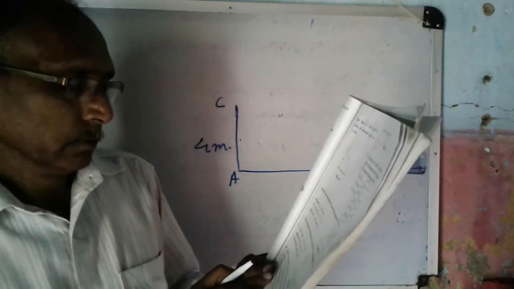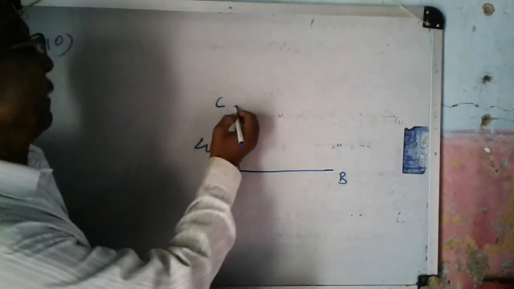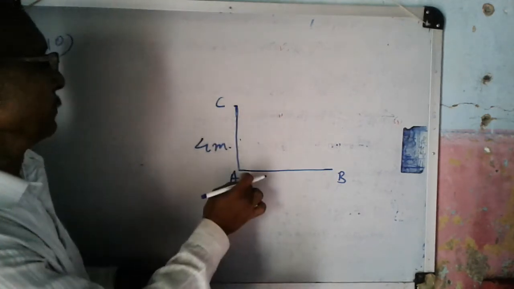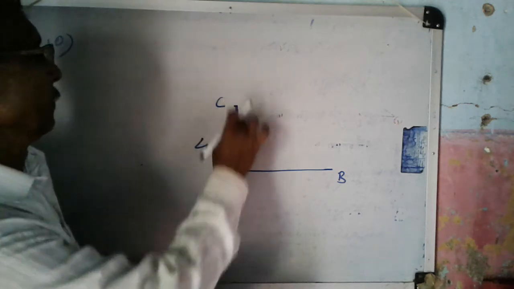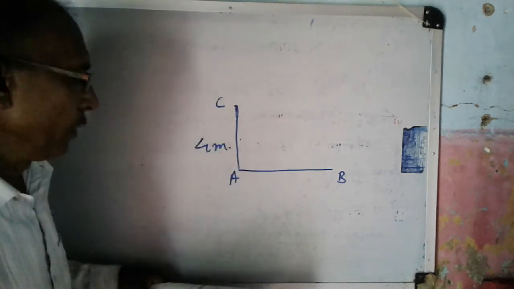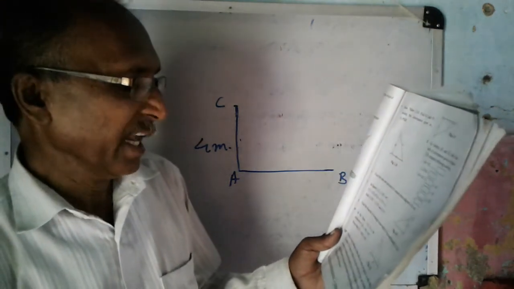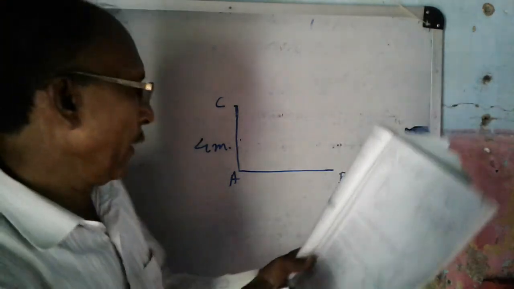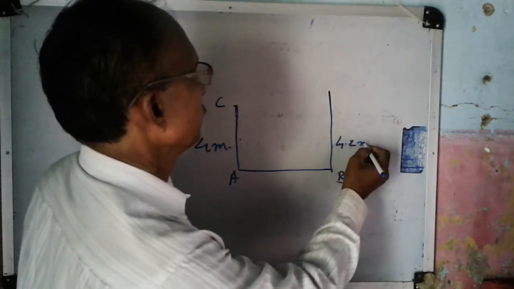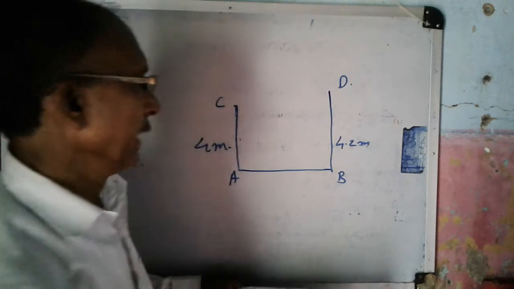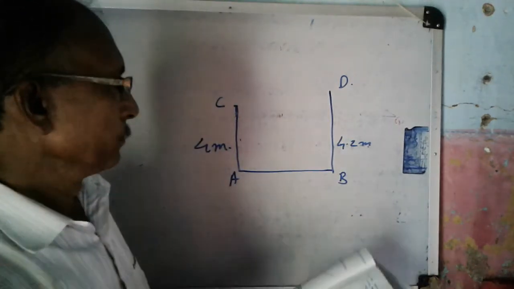Now other building. Suppose here at point C is the window of first building and this height is 4 meters from the base. Now the window of the other building is at height 4.2 meters. Suppose this is point D. B.